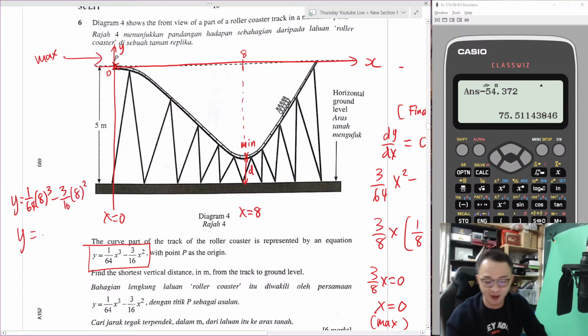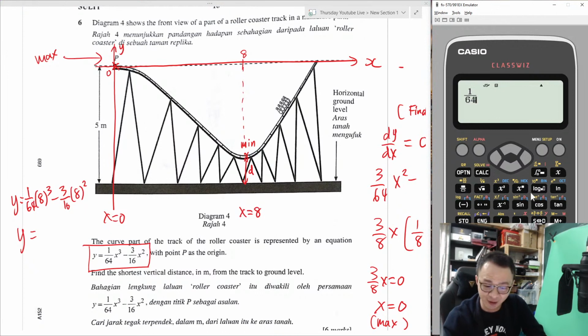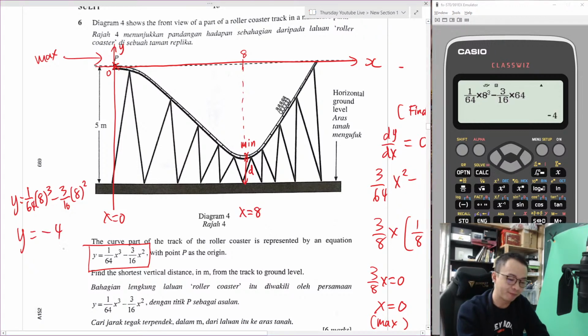Let's see what my y value is by using the calculator. Minus 3 over 16 times 8 squared, which is 64. Negative 4. That means this coordinate is 8 and negative 4. So you can imagine negative 4 means from the x-axis here, I'm going 4 units downward, isn't it? So therefore, my distance here is just 1 meter.